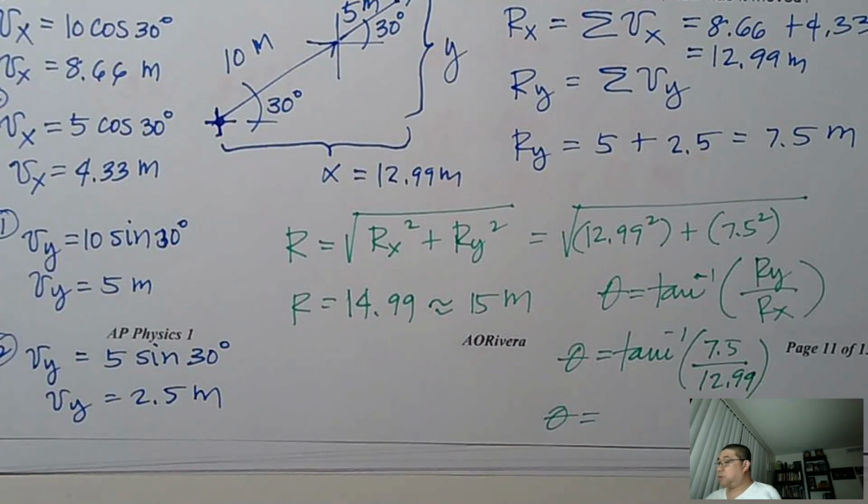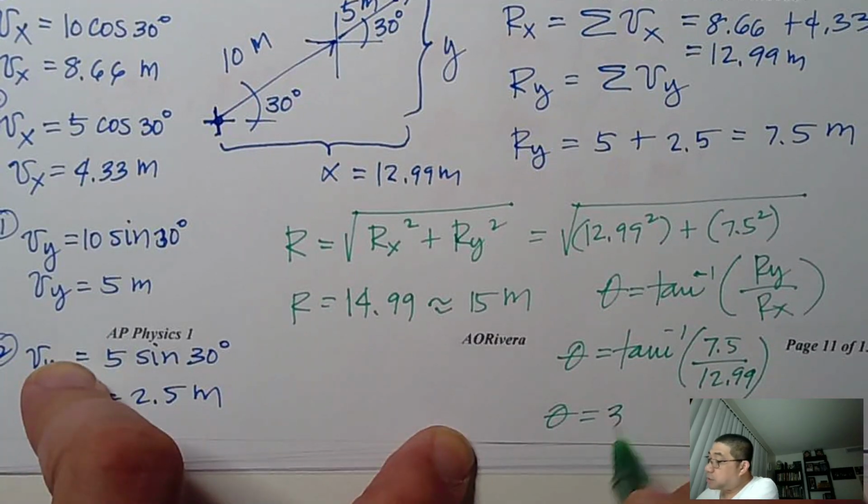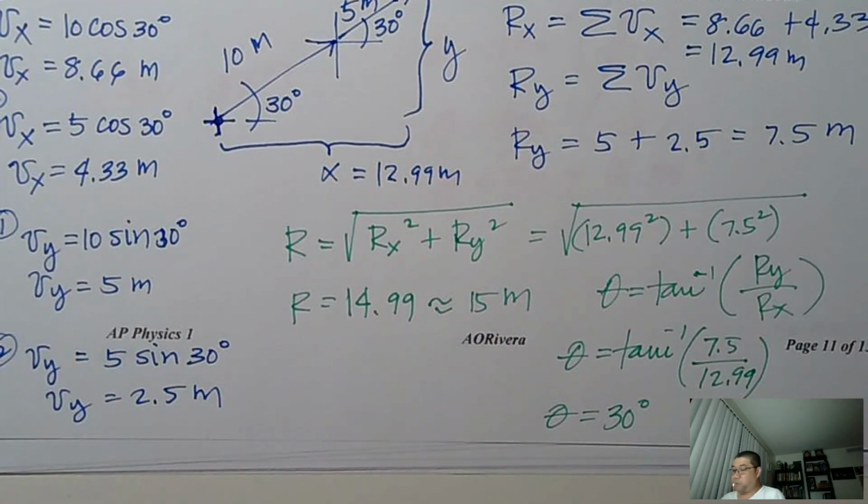So you're moving at a certain angle, the direction of arctangent of 7.5 divided by 12.99, close parentheses. That is also approximately 30 degrees. So you're moving at 30 degrees. Same direction. Never change direction.